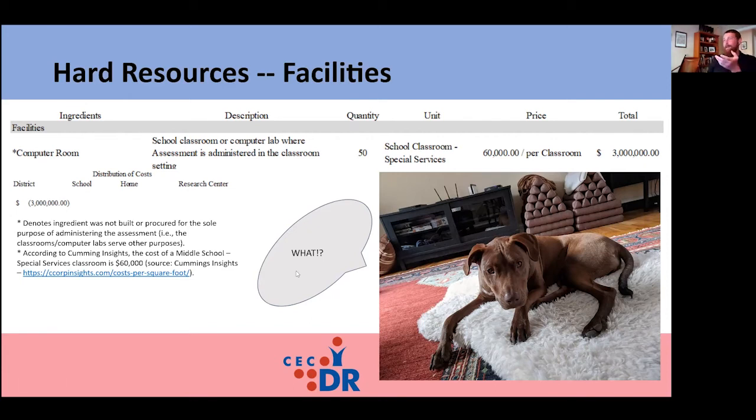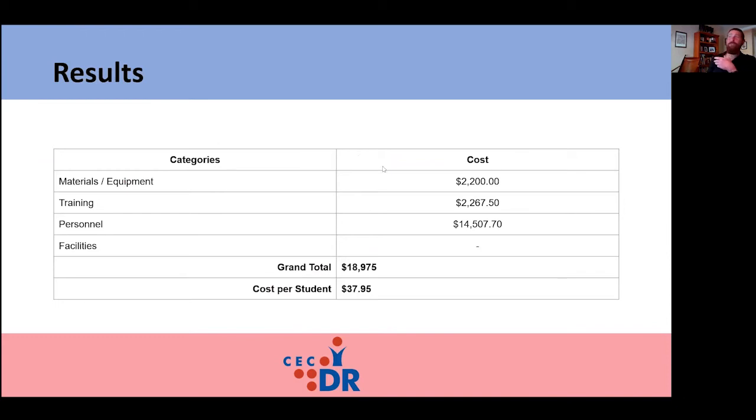So yeah, moving on. The results of the cost analysis. This is a pretty typical pattern. Personnel is almost always going to be the most expensive. And remember, most of personnel is made up of person time, hours. This is something that an expenditure analysis or a budget is not going to fully capture, right?